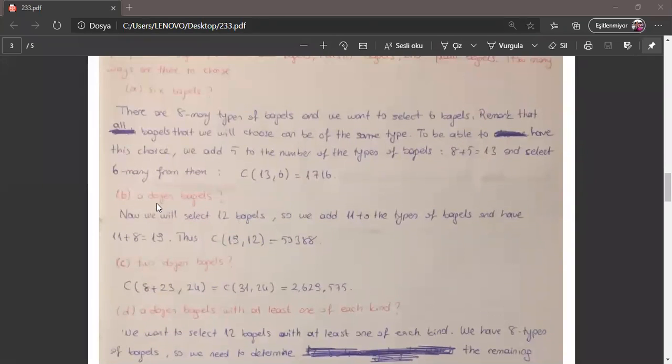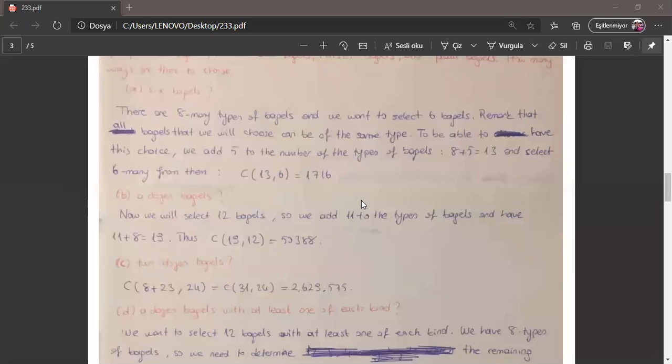So now we want to choose a dozen bagels, so we want to choose 12 bagels actually. They have the same meaning. So what do we do now? Remember, we had 8 types of bagels.